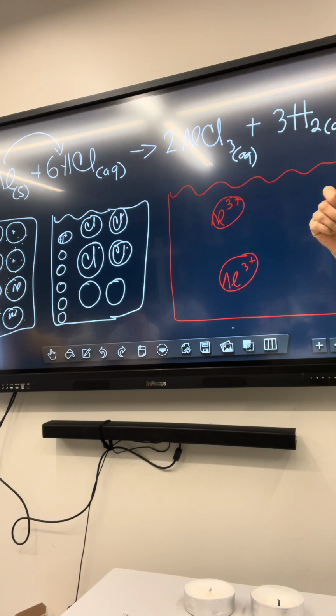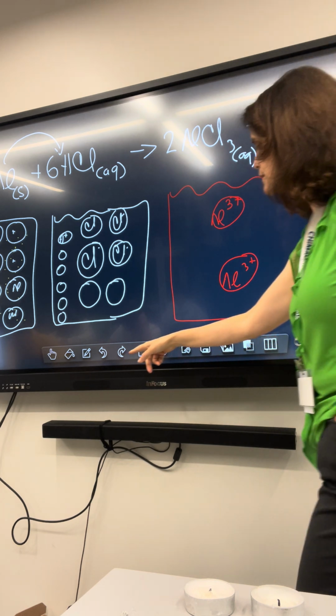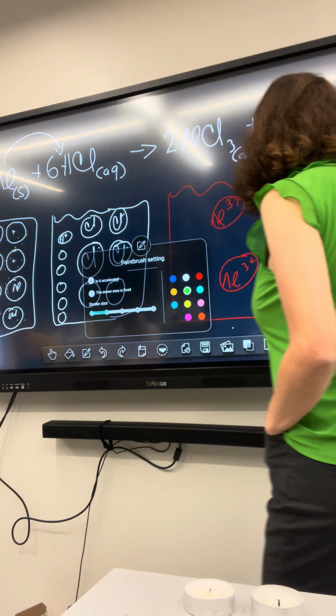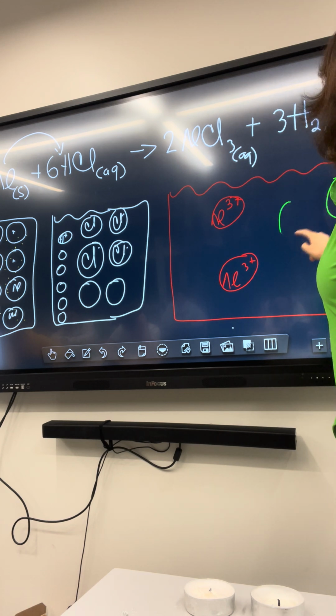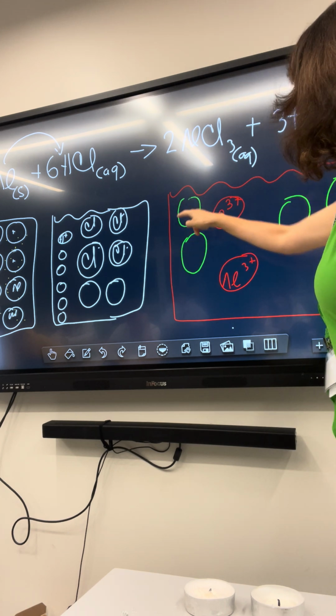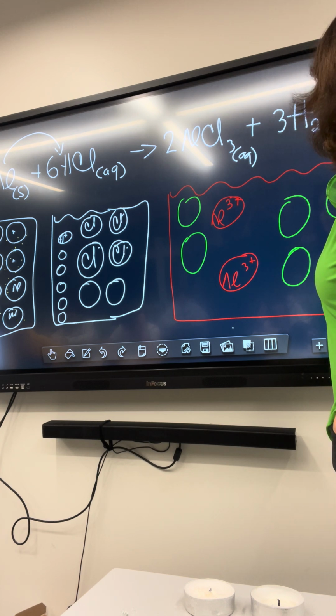And then you have how many chlorides? You have 6 of them. So 1, 2, 3, 4, 5, 6.